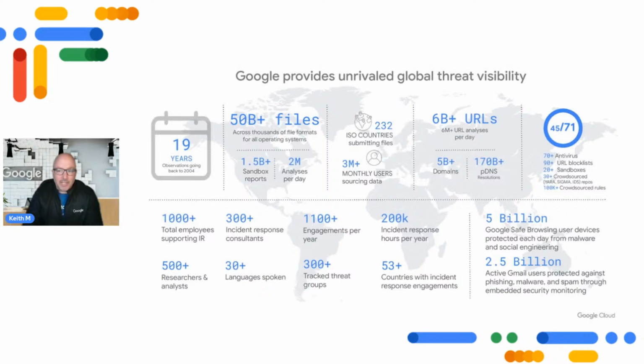So from a threat intelligence perspective, I think it's important to review where we're coming up with these rule sets. And we're leveraging the power that Google brings with our threat intelligence organization. To give you some context around this, Google keeps more people safe online than anyone else. And this is evident because businesses and governments globally depend on our products that are secure by design and secure by default.